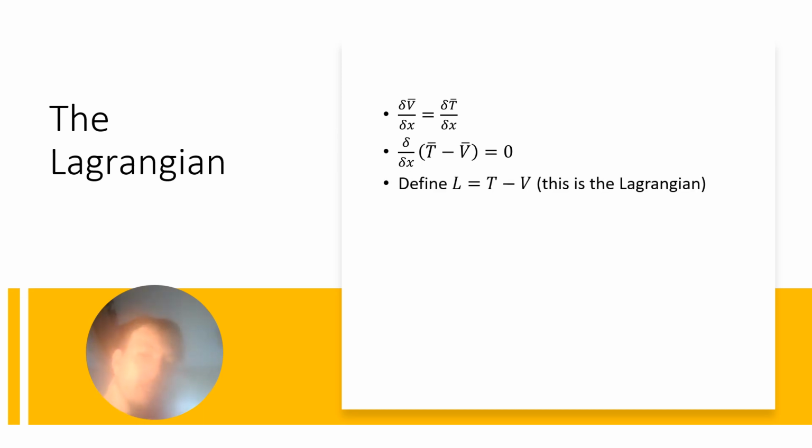And then we define something called the Lagrangian, which is T minus V, so that's the kinetic energy minus the potential energy. And we also define an action. And the action, well, there's two ways to think of it. We can either think of the action as the output of the functional, or we can think of it as being the functional itself.